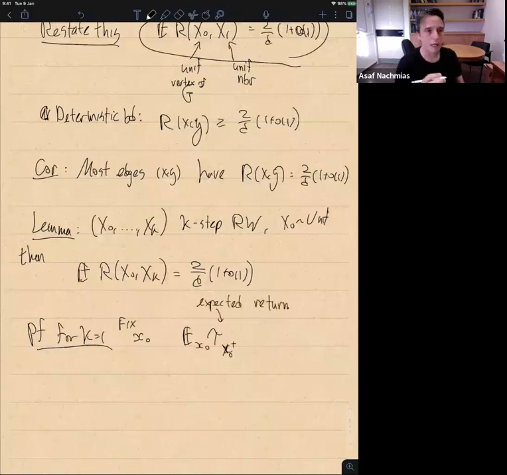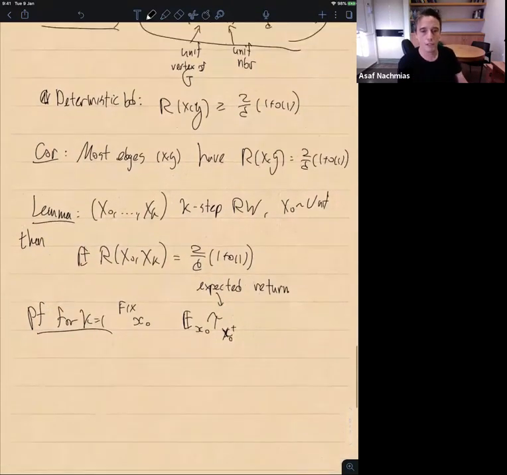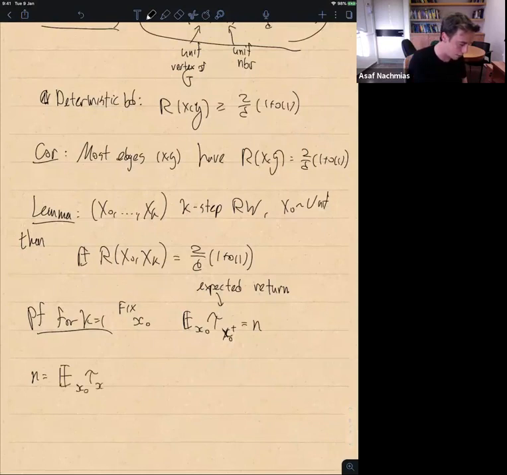We know that in any irreducible Markov chain, the expected return time is exactly the inverse of the stationary measure. Since this is a regular graph, the stationary measure is 1 over n for every vertex. So this is just n, from general Markov chain theory. Now let's condition on the first step of the simple random walk, tau x0 plus.